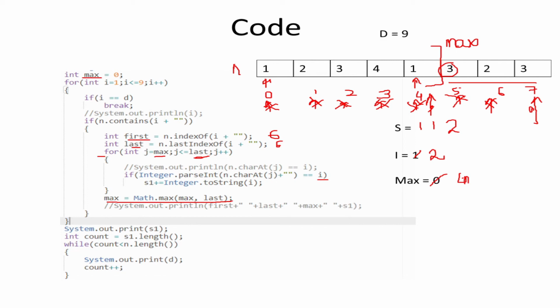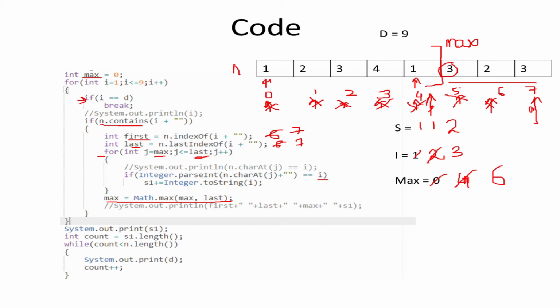Here we again update the value of max, and now the value of max becomes 6 and the value of i becomes 3. Again this condition is checked, and it is false, so we check if n contains 3. Yes, it contains 3. Here the value of first will be 7 and the value of last will also be 7.